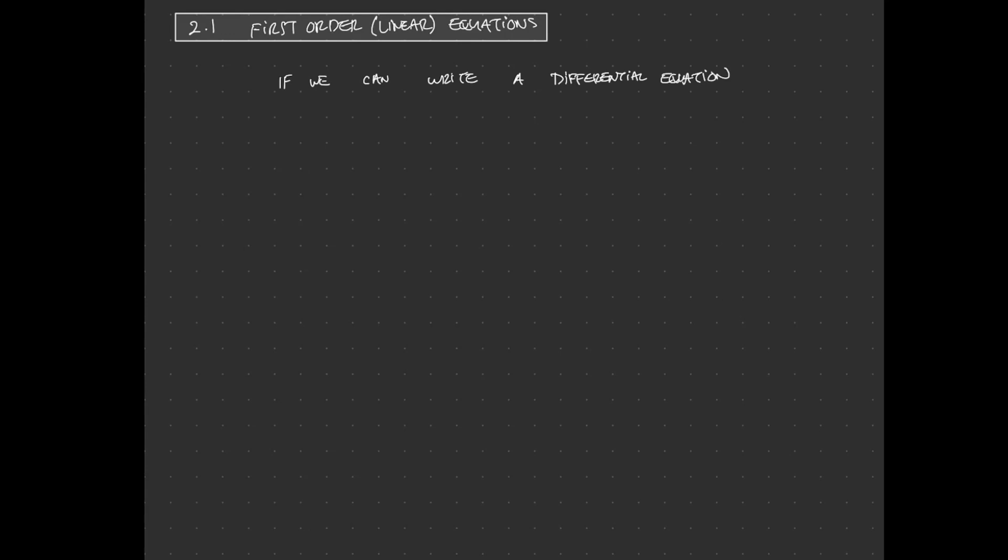If we can write a differential equation like so, where we have u prime of t equals some forcing function or input g of t plus h of t times u of t, noting that these are all functions of time, then we know, one, that it is linear.